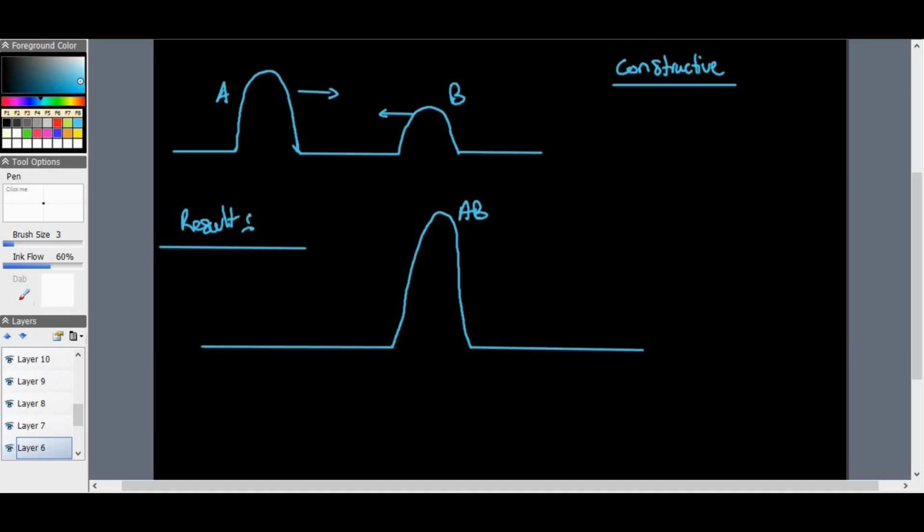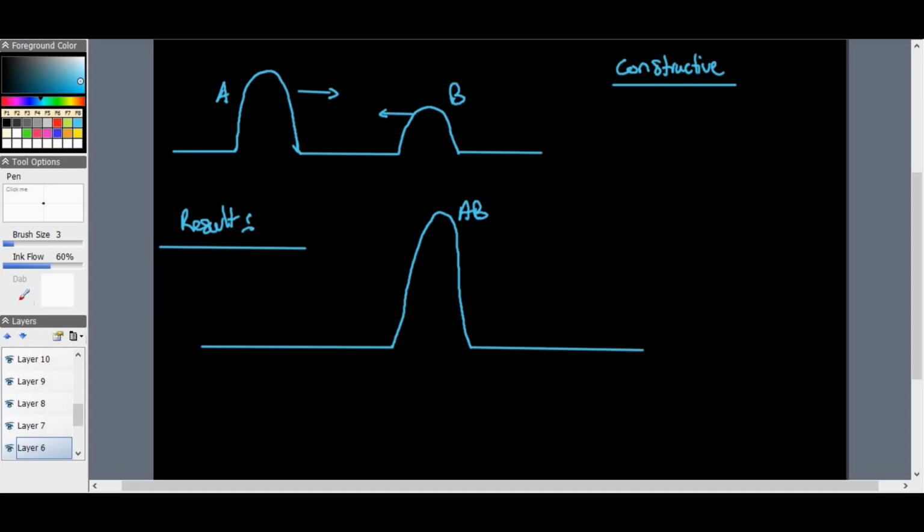So what we have here is a graphical representation of constructive interference. You've got two pulses moving along the same medium, one going to the right, the other to the left, and they meet in the middle and create one big pulse.